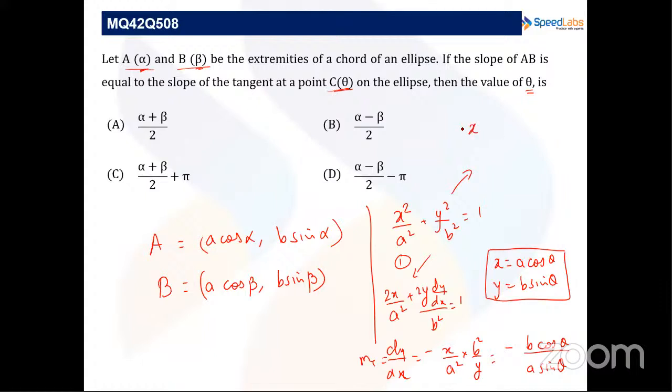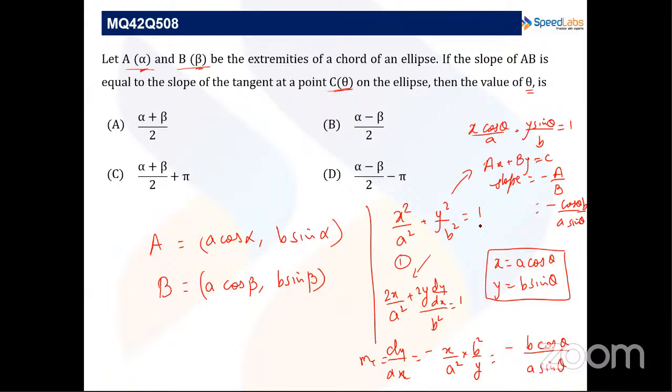So our equation will be x cos theta by a plus y sin theta by b equals to 1, and we know that for any linear equation ax plus by equals to c, the slope is minus a by b. So from this also you will get minus cos theta by a upon sin theta upon b. So these are the two methods you can find the slope.